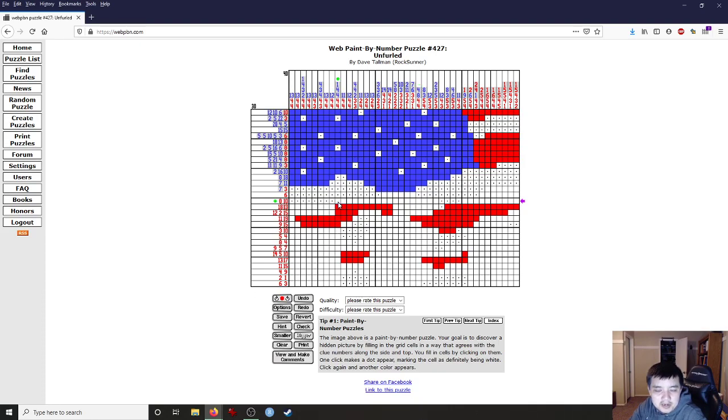Let's see, so the 8 and 10 most likely cannot both fit here in the middle. Because 8 would go up to here, 10 would go up to here, with no white space in between. So that means the 10 actually has to fit all the way over here to the right.